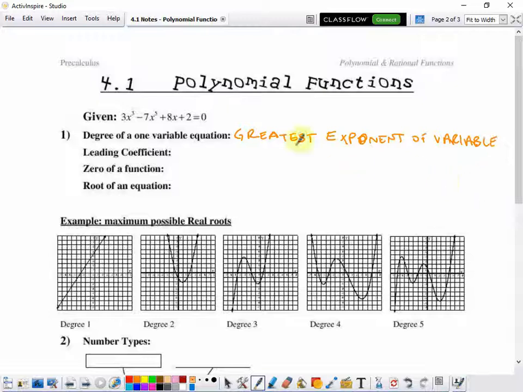In this case, that greatest exponent is 5. So this particular function has a degree of 5.